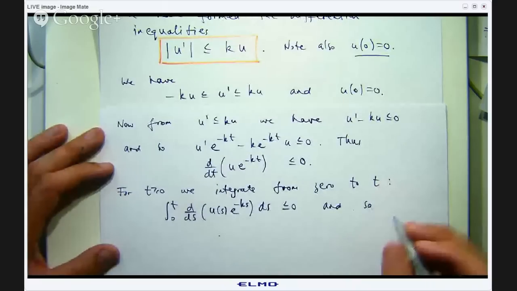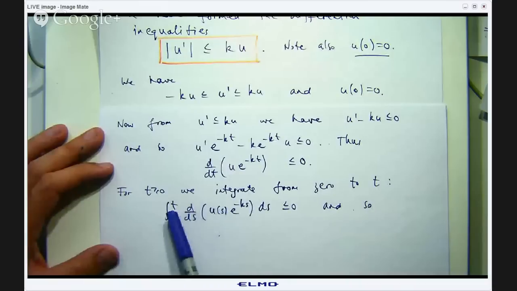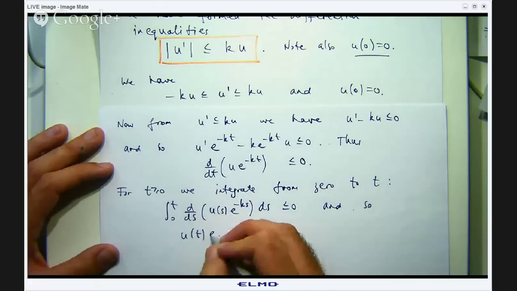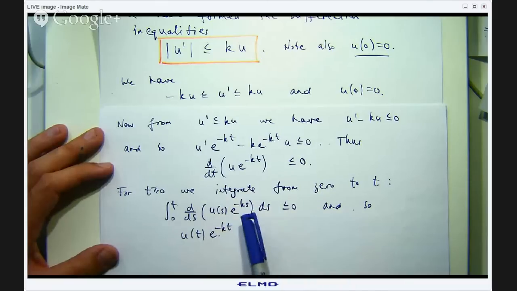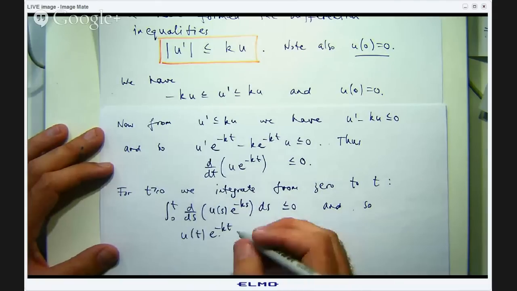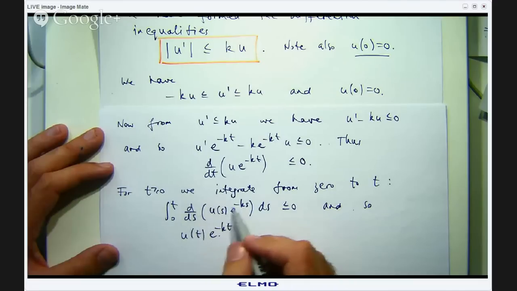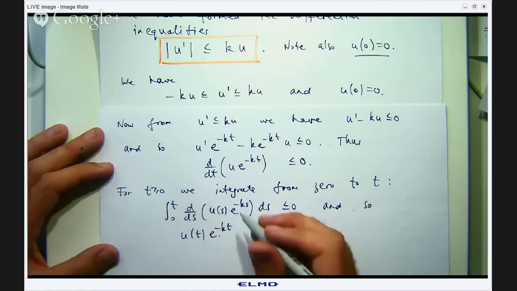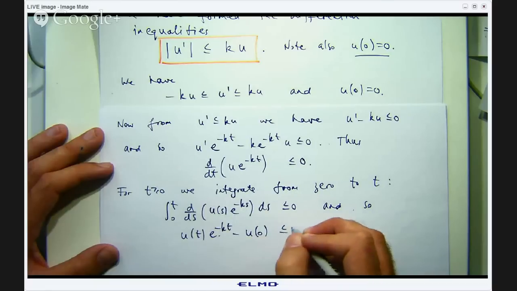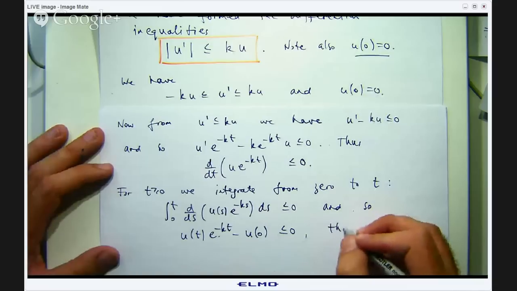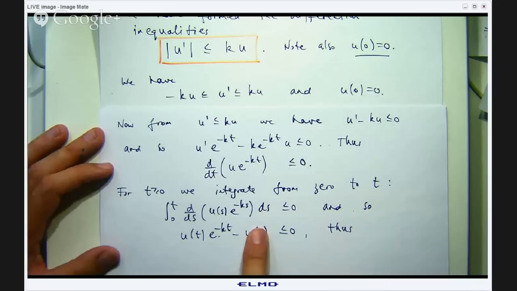And the fundamental theorem of calculus tells me that I'm taking the integral of a derivative, and so that's just the difference of the function evaluated at the limits of integration. Now, when t equals 0, I'll get U of 0 times e to the 0. What's U of 0? U of 0 is 0. So that'll disappear, and then I've got U of t times something that's non-negative is less than or equal to 0.